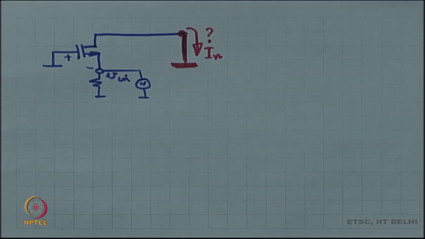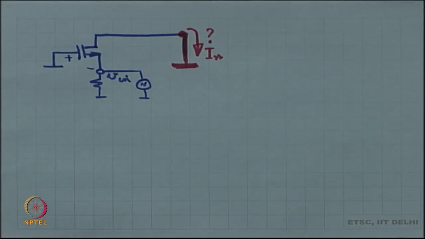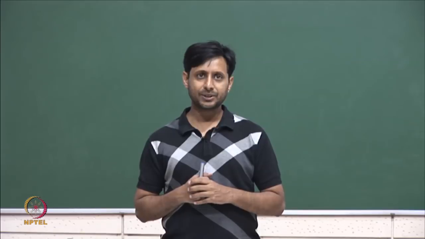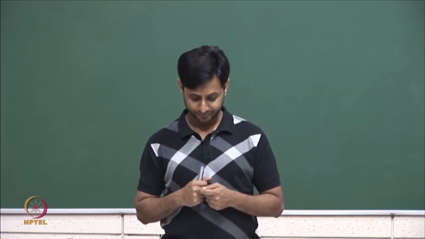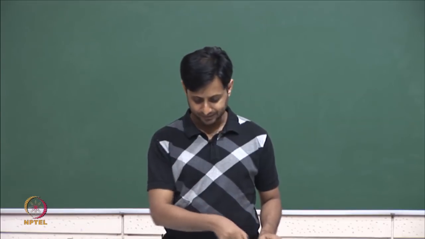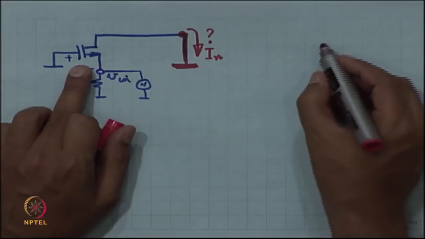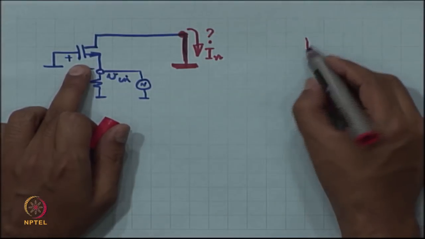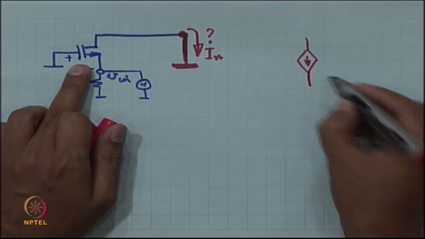All right. Now, recollect what is inside this MOSFET. There are 2 or maybe 3 elements. One element is a GM. Let us draw it, because you are still not used to thinking about what is inside the MOSFET. I am used to thinking about it. So, this is what is inside the MOSFET.